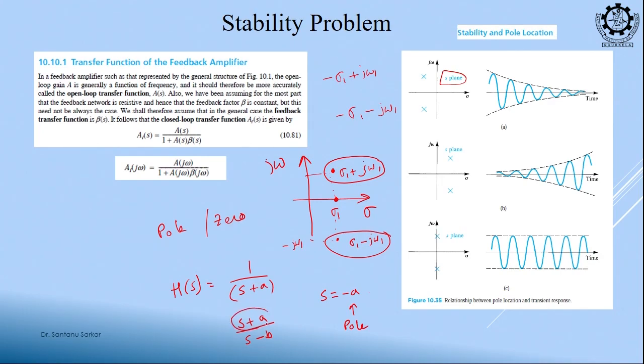For the numerator, its solution, S is equal to b, will be known as the zero. So, you know this concept, right. If you have a transfer function, the solutions of the expression in the denominator are your pole positions.